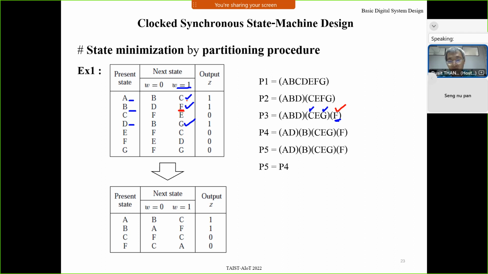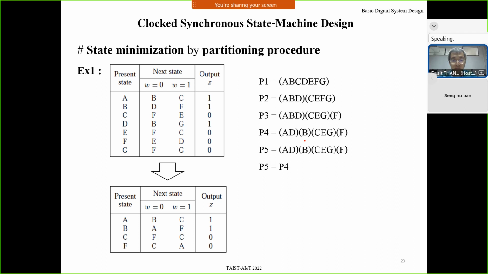The next state F is not equivalent to C and G, right? That means B is not equivalent to A and D also, right? Because equivalent states must have the same next state, but these next states are not equivalent, so B cannot be equivalent to A and D. So I separate B from this group.